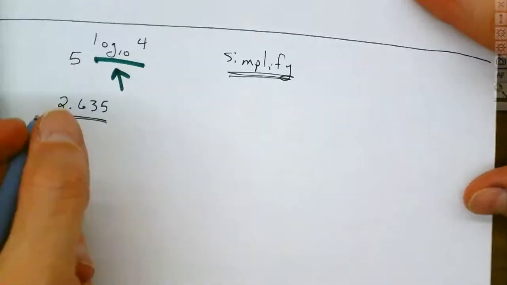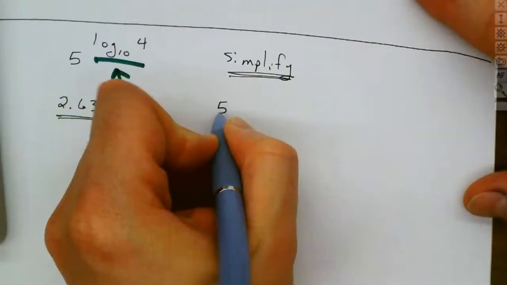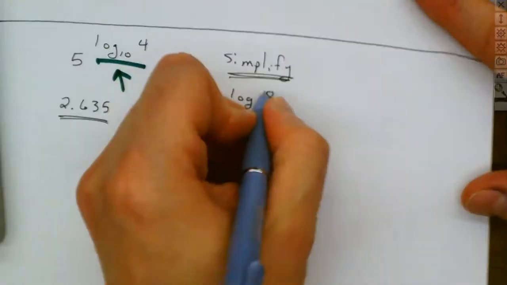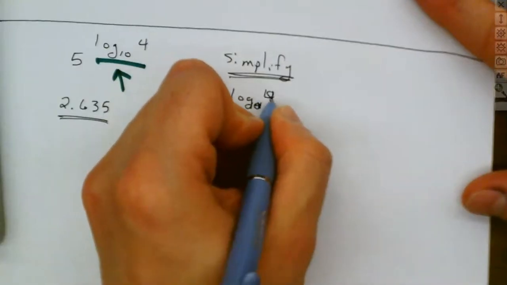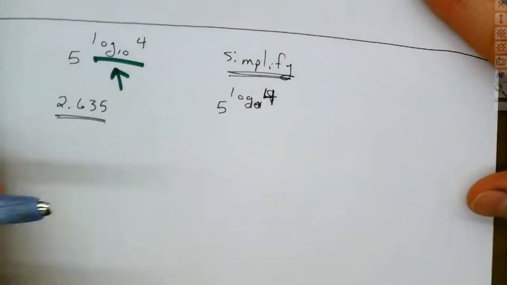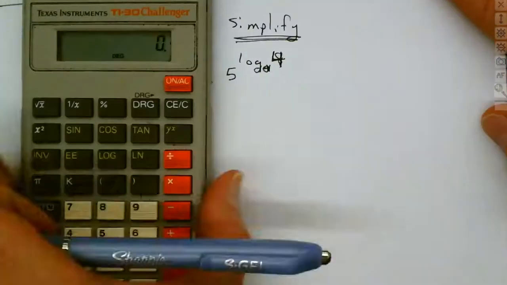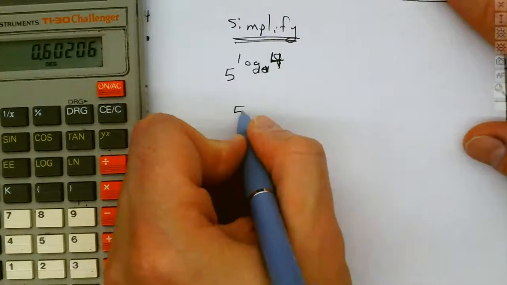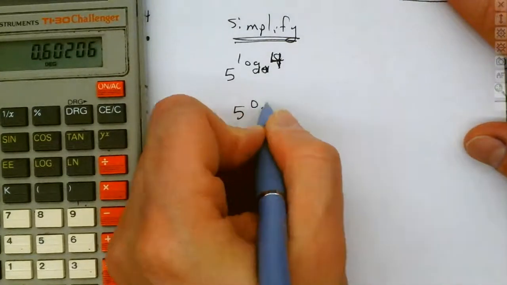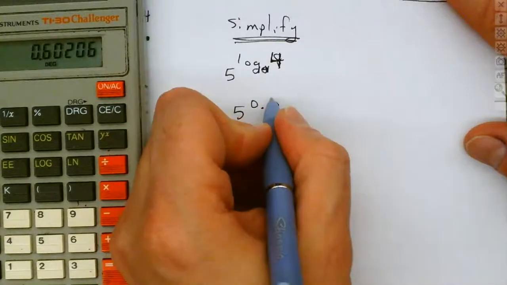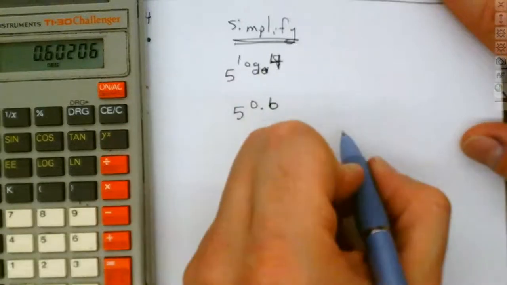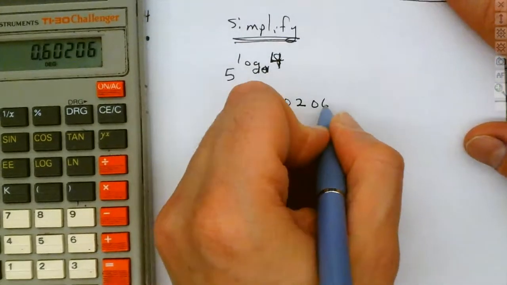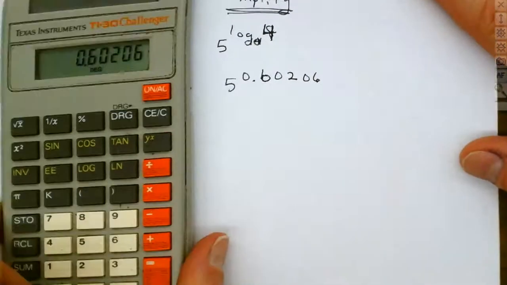Or, what's another way of doing this? If you don't want to use the memory buttons in your calculator, you can do this. We know that, let me write it right here. Log of 4, if I do that, is this. So I could just write this down, because that's what it is.